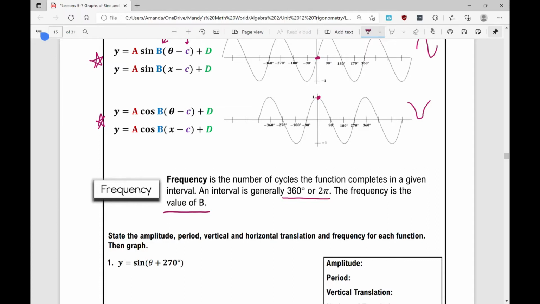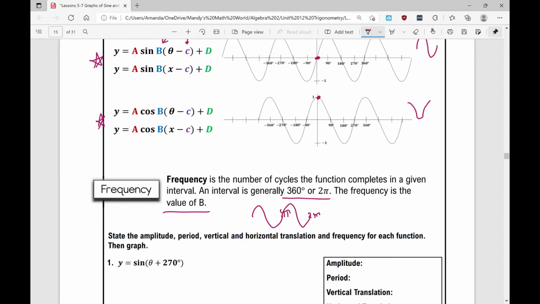So for example, let's say I have a period that is pi, right? So that's the length of one cycle, the length of one sine. Well, how many of those can be completed within the length of 2 pi? I can do another one, a backwards sine function, to get to 2 pi.